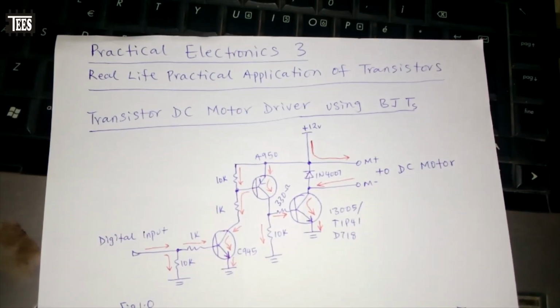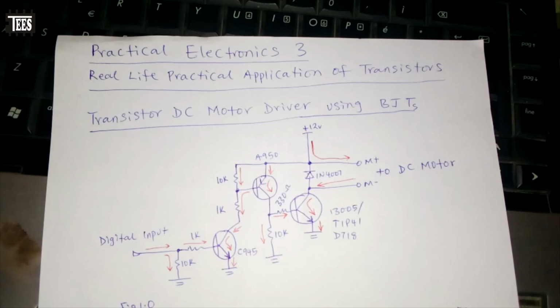So welcome to Practical Electronics 3. In this practical, we are going to be dealing with real-life practical application of transistors. In our previous practical, we covered how transistors work, the BJT, NPN and PNP, and how to read the polarity of the NPN and PNP transistor using our digital multimeter.